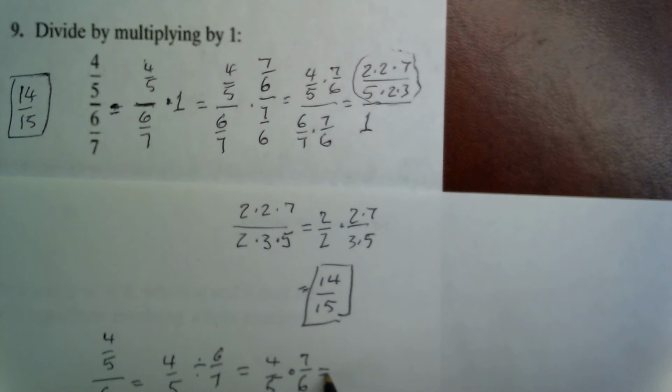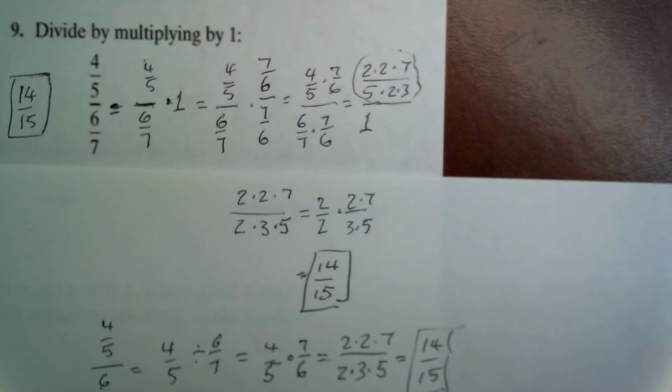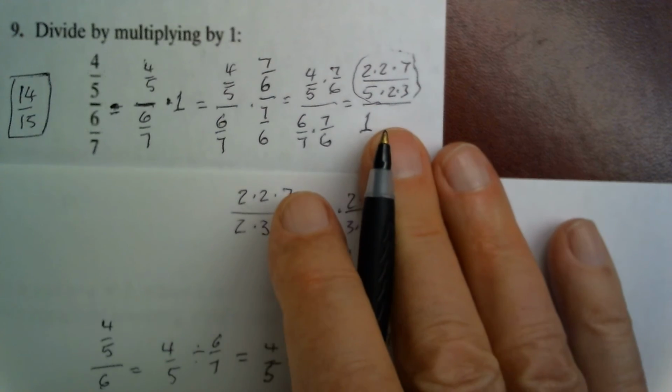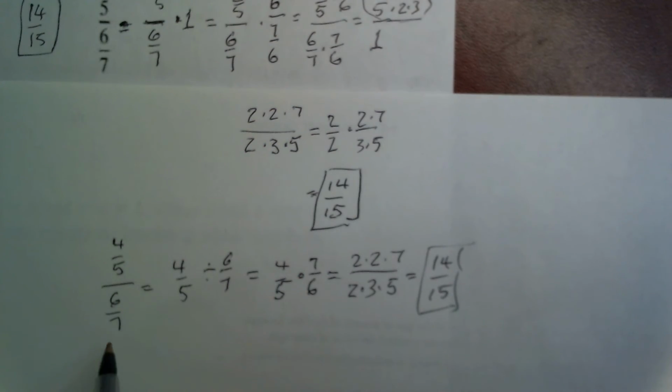And again, we do the prime factorization, 2 times 2 times 7 divided by 2 times 3, the factorization of 6, times 5. And you can see it'll give us the same answer since the 2's cancel, or we make it equal to 1 as a factor, so it's equal to 14/15. So there usually is more than one way to get to the correct answer. So here's the alternative way of solving that particular problem.